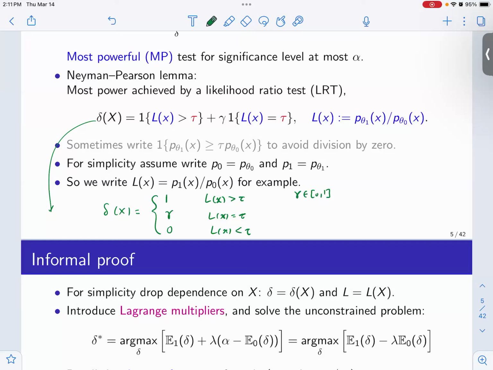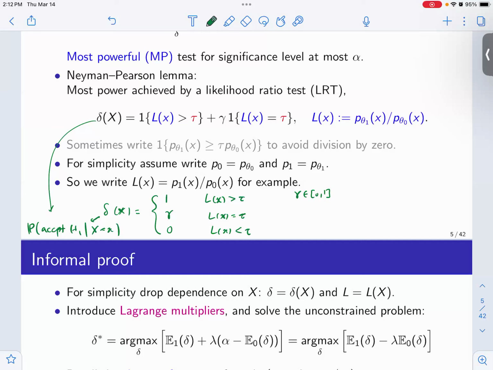And with that probability, you decide whether to declare one or not. So this is going to be the probability of acceptance or rejection of the null. Right, so remember the delta of x means rejecting the null. The probability of this is the probability of, let's say, accepting h1 given X is equal to x.